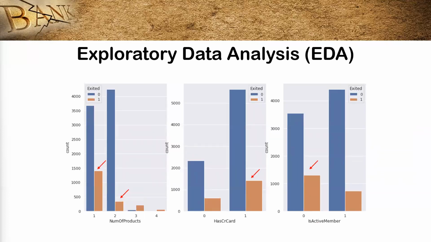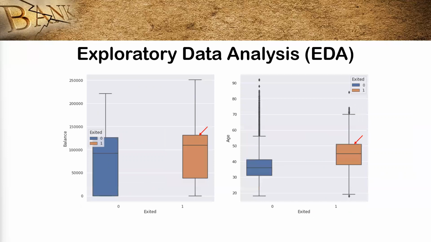The first chart shows that while most customers with one product were second highest, they still pose a higher churn rate. So people with two products tend to stay in terms of customer retention. The second chart shows that customers who have a credit card have higher churn. And finally, customers who do not actively use the bank leave the bank more.